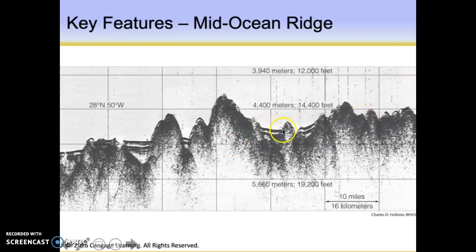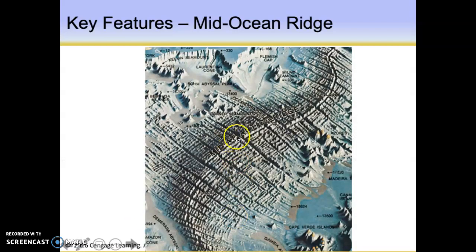As this moves away from the rift, you'll notice that there's material filling in the low spots between these peaks. And that is sediment slowly filling in over many, many years as this becomes inactive when it moves away from the rift. So the rift in this case would be off on the right-hand side, and we're moving into this area kind of off the side of the mid-ocean ridge.